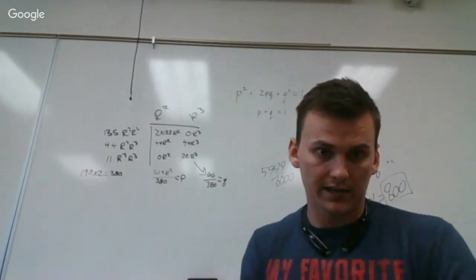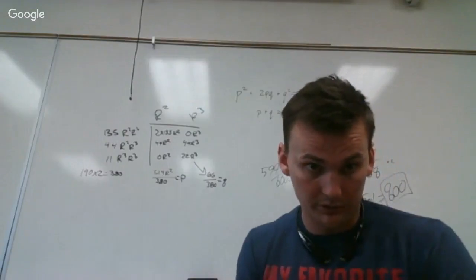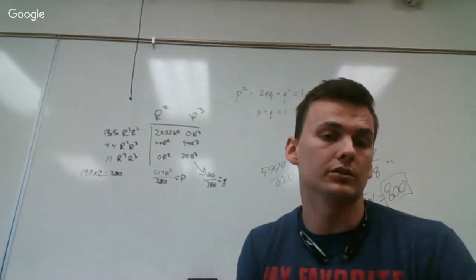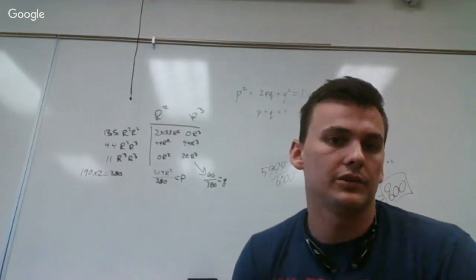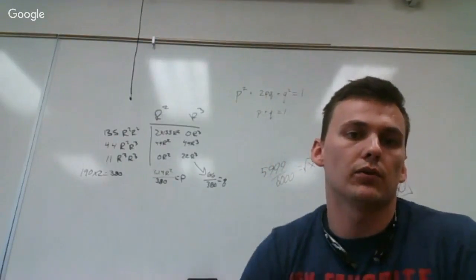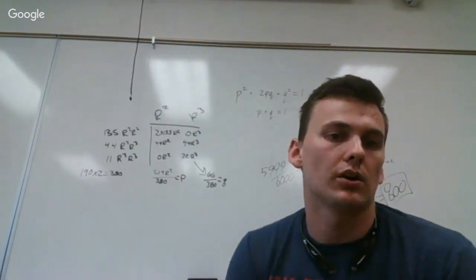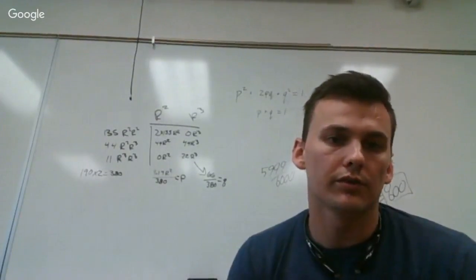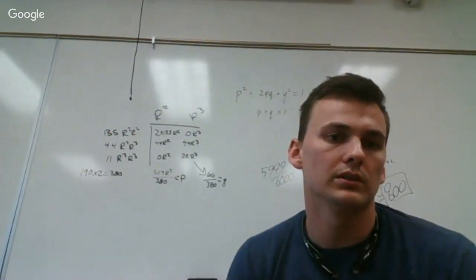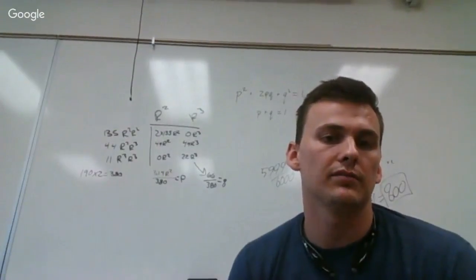And the expected heterozygous is 2 times PQ, or 2 times the frequency of R2 times the frequency of R3, and multiply that by the total number of individuals. That gives you 54.54 expected heterozygous. And then the expected homozygous R3s is frequency of R3 squared, so 0.1737 squared times 190, and that gives you 5.37.